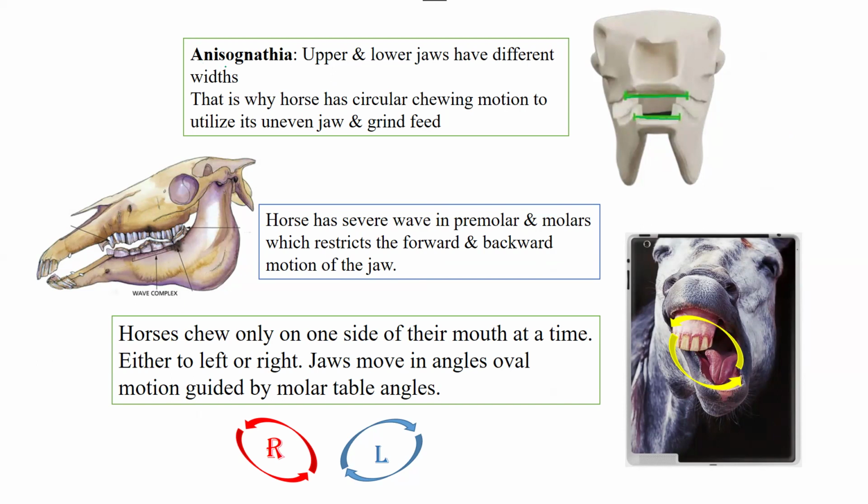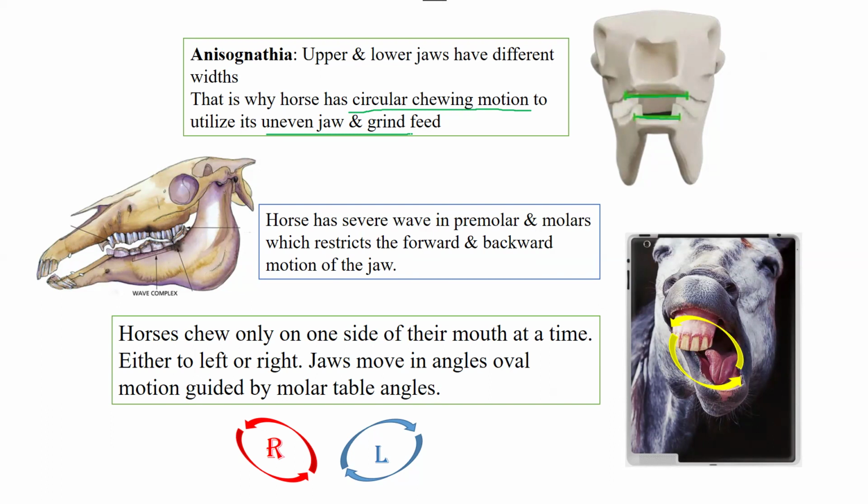If you see your own mouth as humans, whatever the width of the upper jaw is, we have the same width of our lower jaw, but that is not the case with horses, and that is why the horse has a circular chewing motion to utilize its uneven jaw. If an animal has upper and lower jaws of different widths, that means the animal cannot eat on both sides.